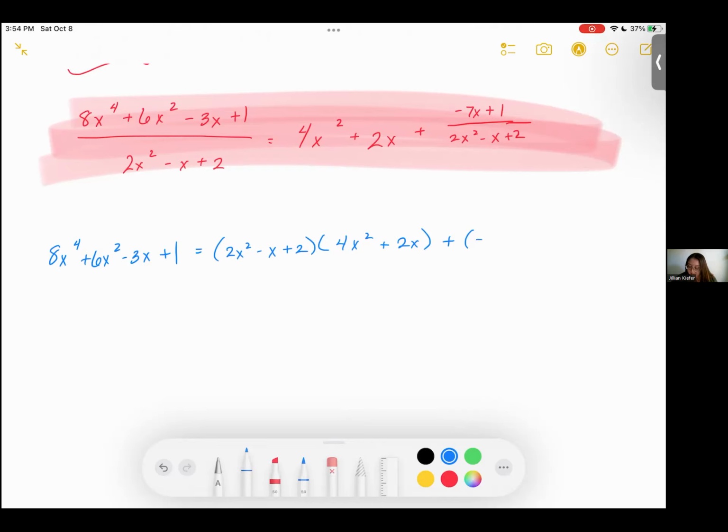But it would be plus parentheses negative 7x plus 1. And that would be your answer for that second form of the division algorithm in that case.